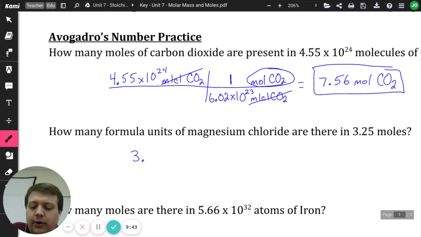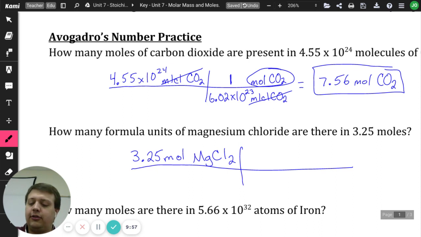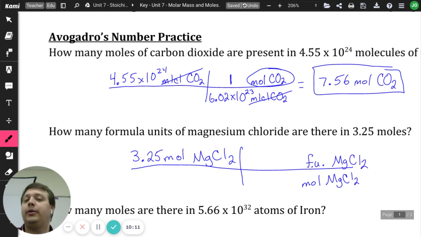So I have 3.25 moles of magnesium chloride, MgCl2. Okay, that would be from your swap, drop, reduce. That's where I got that 2 from. And then I'm going to actually convert this from moles of magnesium chloride into formula units of magnesium chloride. Okay, so formula units would be FU for the abbreviation. And so I know that I have 1 mole for every 6.02 times 10 to the 23rd formula units.